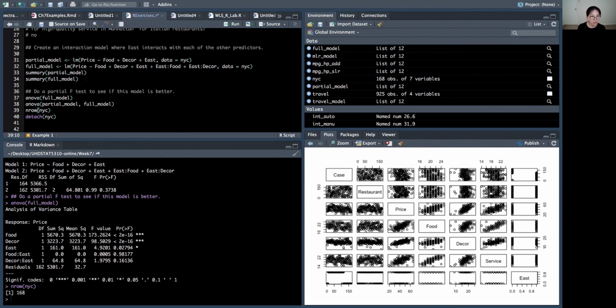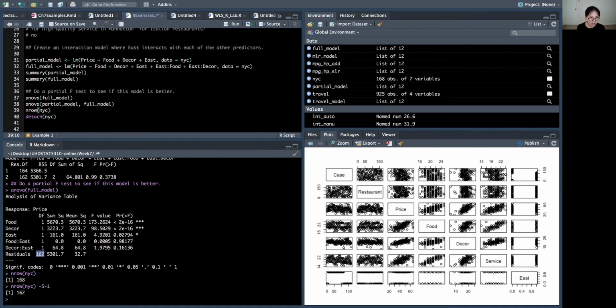For the full model, we have 1, 2, 3, 4, 5 predictors, so p equals 5. So that's n minus 5 minus 1.